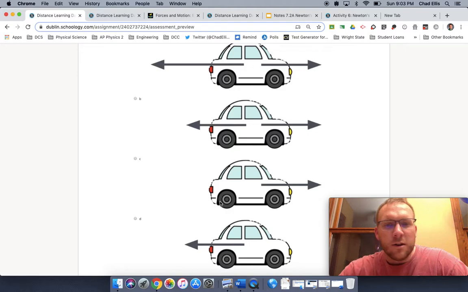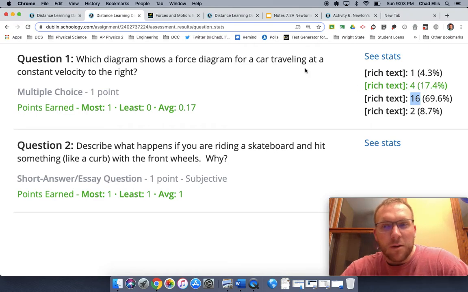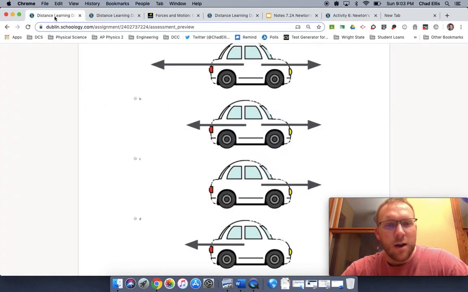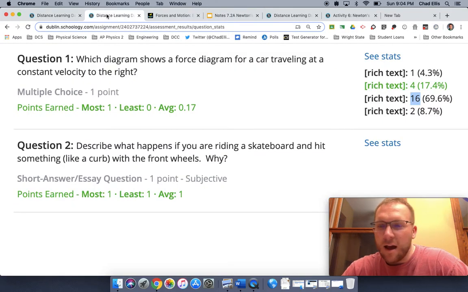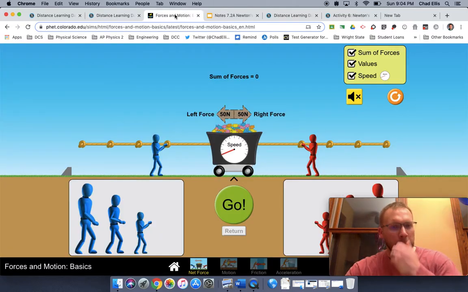It's not correct. Most of us got this wrong. 70% of us got it wrong. Only about 17% of us got it correct. So we're going to look at how the simulation showed us that this answer was correct, and then see how our ideas should have changed based on what we looked at.